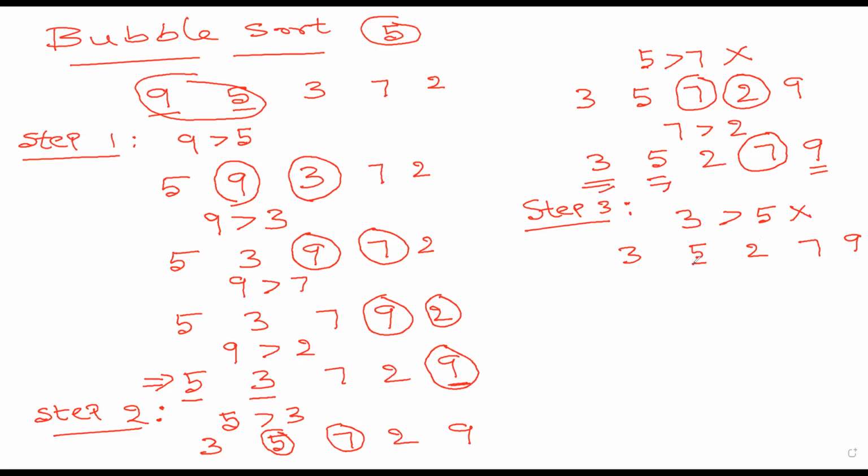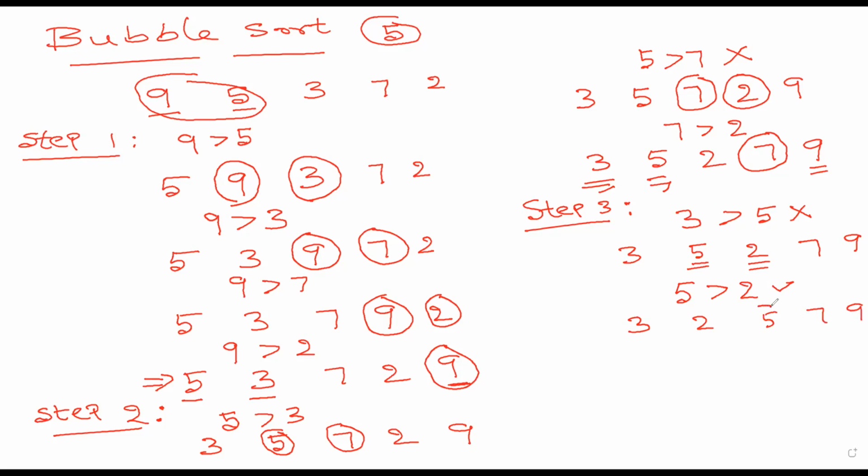Now we have to compare the first position element with the second position element. Here the first position element is 5, and we are comparing 5 with 2. 5 is greater than 2, so that is correct. We can swap those two elements. So that is 3, 2, 5, 7, 9.